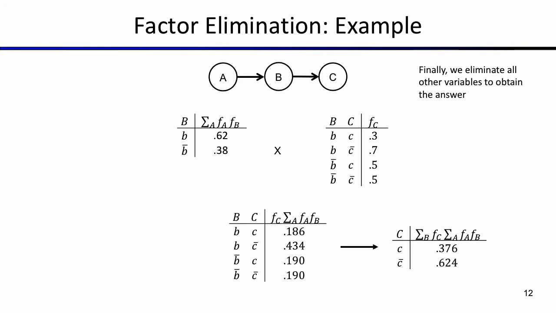In the final step, we sum these two entries that have the value true for C, and these two entries that have the value false for C, and we get this final factor that is going to be our answer. So this is the probability of C, that was our initial objective.